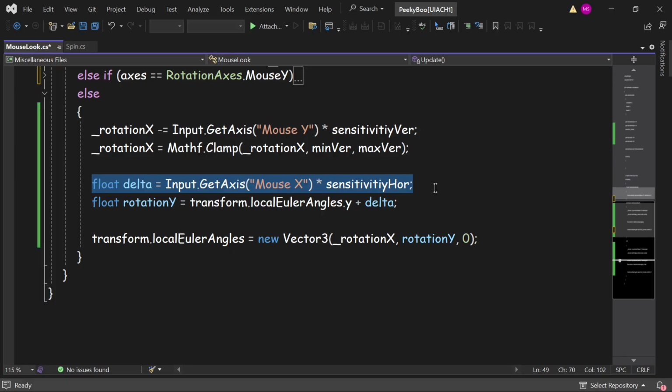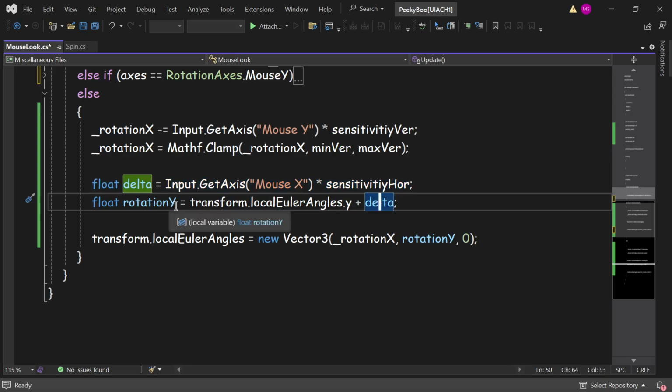Float delta here is us updating the horizontal tilt direction, because now we're taking in the input of the horizontal tilt, or the Y rotation which we are initiating. It puts it into rotation Y, and then we can actually look left and right.